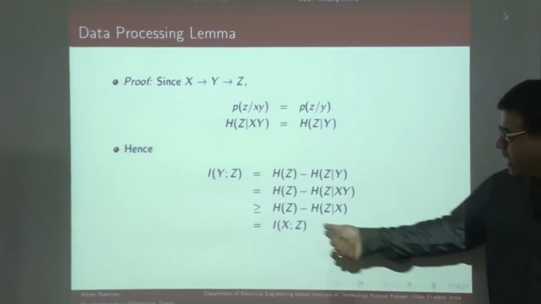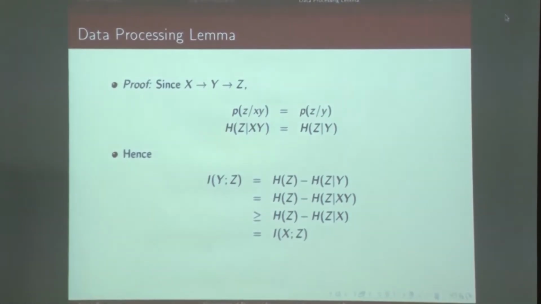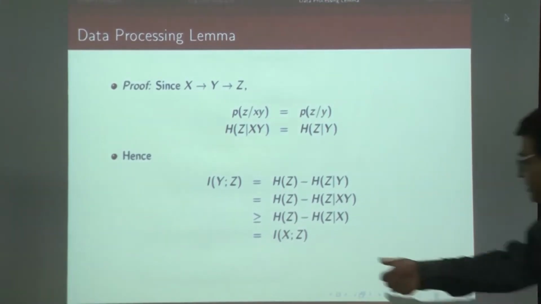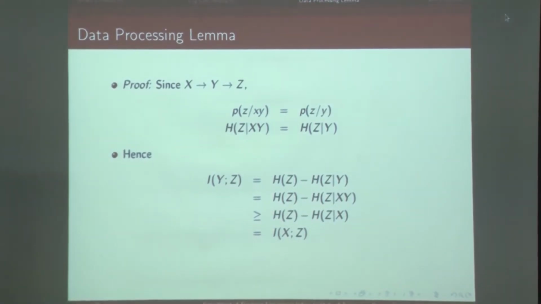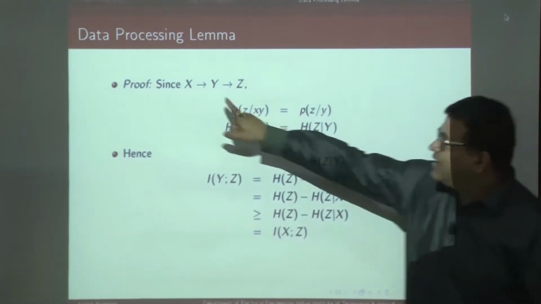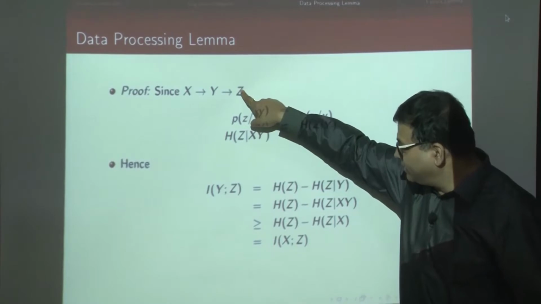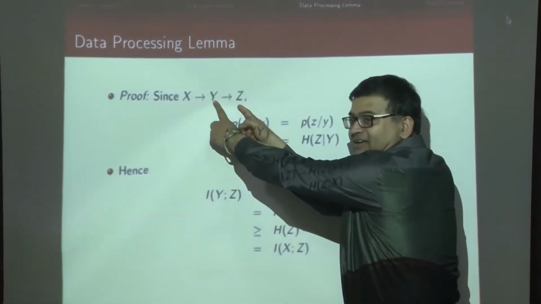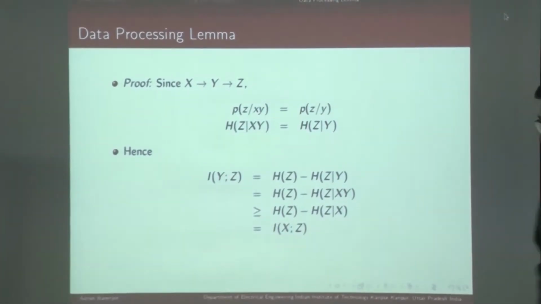And what is this? This is from the definition of mutual information. This is mutual information between z and x, or x and z, the same thing. So what I have shown you is, if x, y and z form a Markov chain, then mutual information between this is less than or equal to mutual information between this.